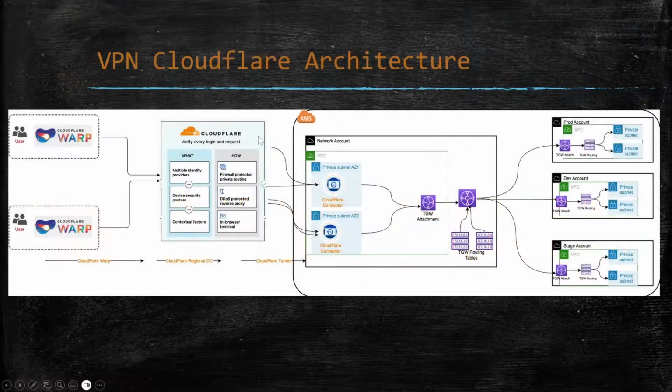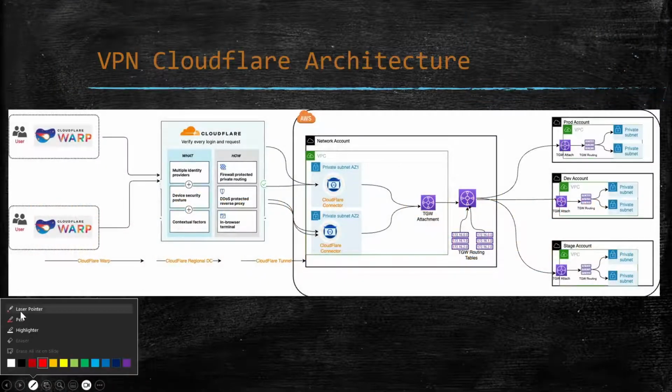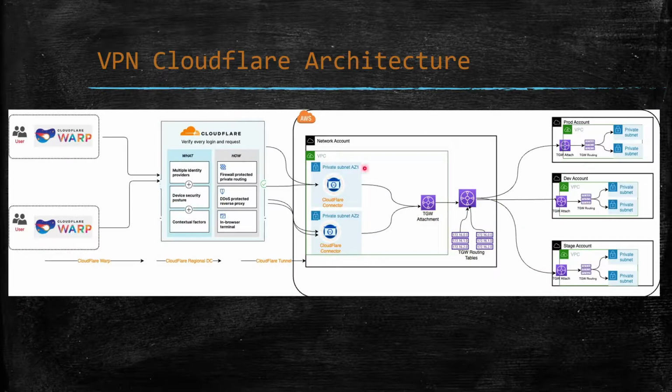In the last video we discussed how to connect to the AWS private network using Cloudflare, using the Cloudflare tunnel split tunnel method.